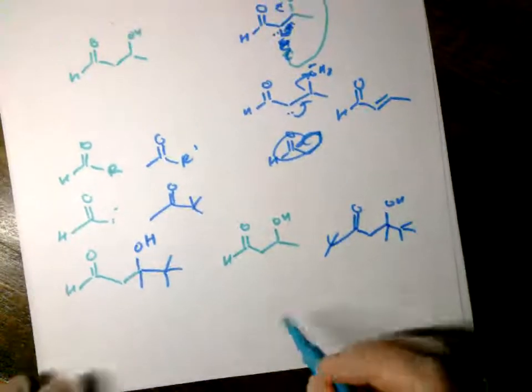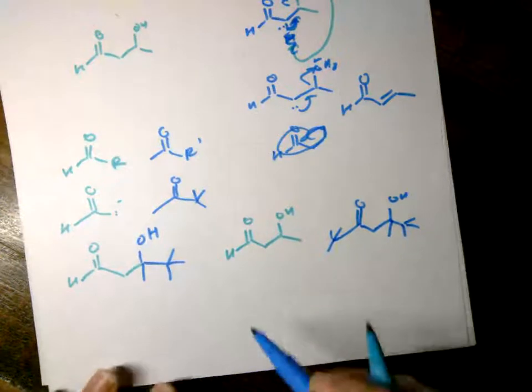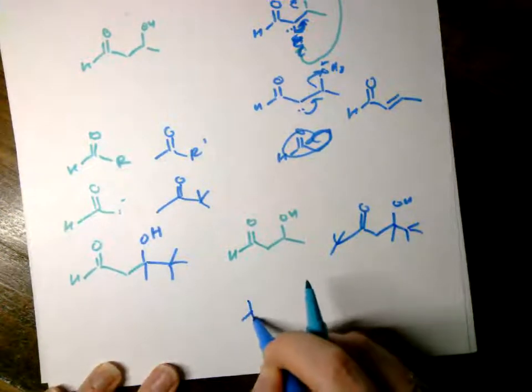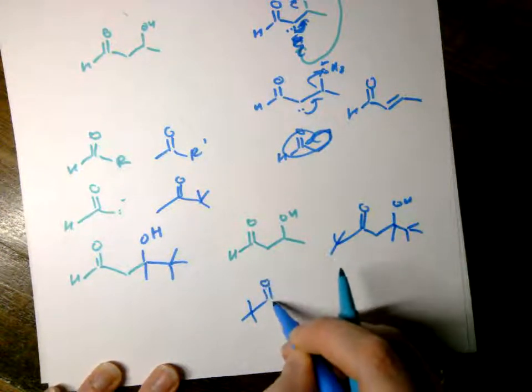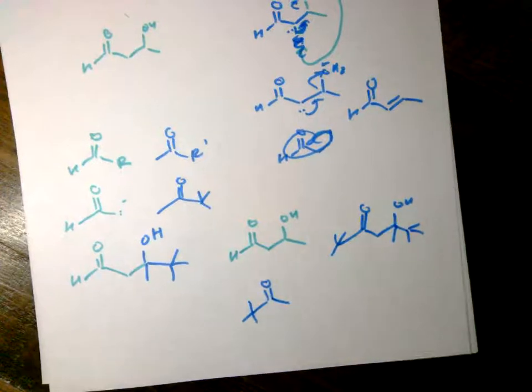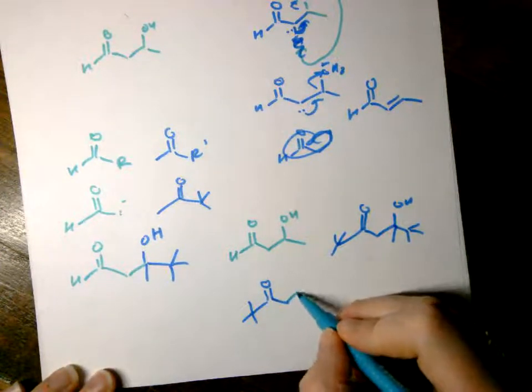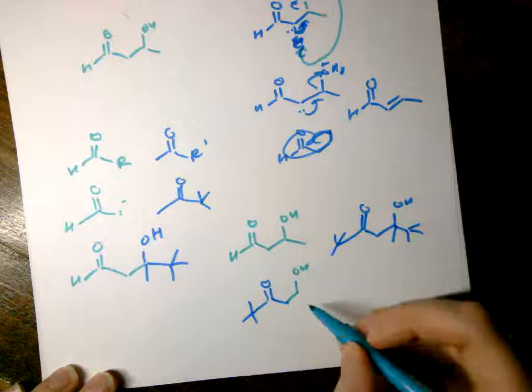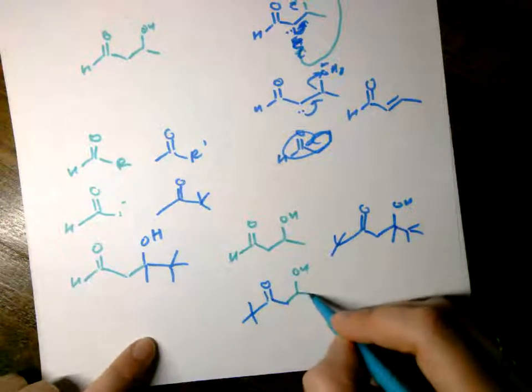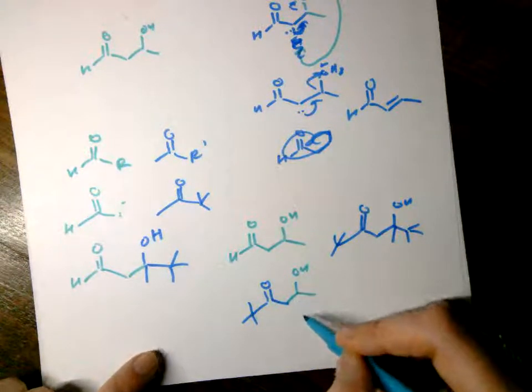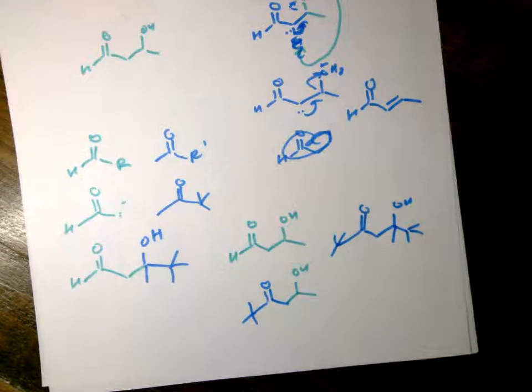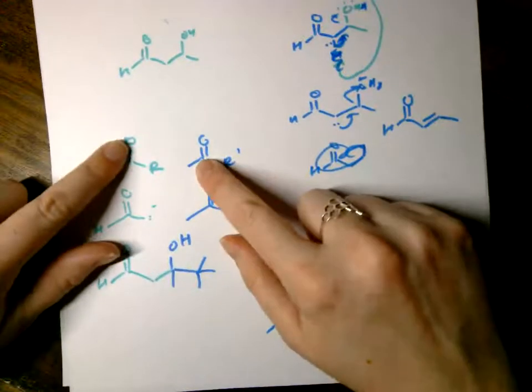Or you could have this side be the attacker, so OH and a methyl. There's a hydrogen right here. So these are all the possible things you could get. But this is just a crossed aldol condensation, because it's two different things attacking.